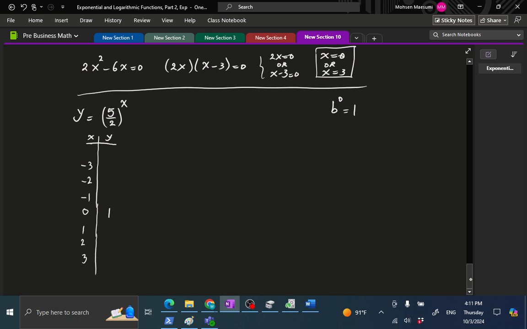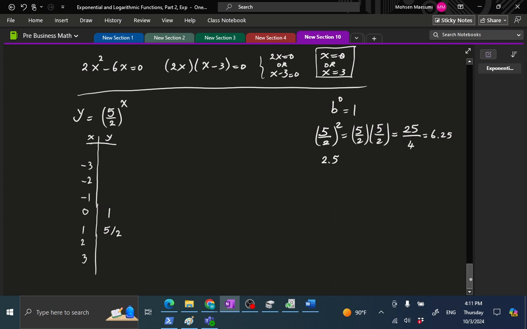At 1, my exponent is 1, so I have just 5 halves. At 2, 5 halves squared. What is 5 halves squared? That's 5 halves times 5 halves. 5 times 5 is 25. 2 times 2 is 4. So 25 over 4. You can divide this: 6.25.